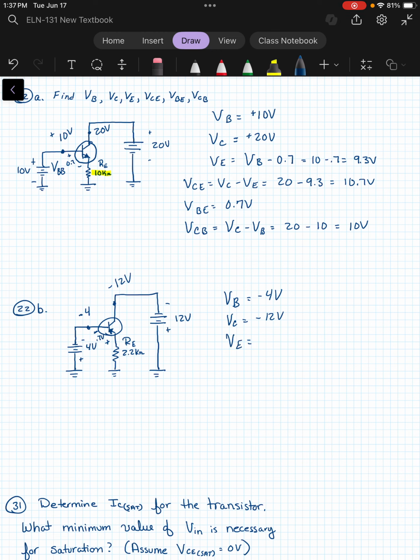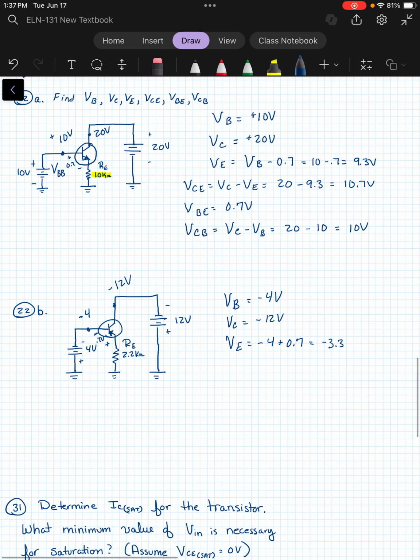So V at E would be the minus 4 plus 0.7, or minus 3.3 volts. So again, if we're looking for VCE, that's the definition is VC minus VE. So don't worry about the signs so much. Just if VC is minus 12, write down minus 12. Minus whatever VE is, which is a negative 3.3. So that would be negative 12 plus 3.3, which would be about negative 8.7 volts.